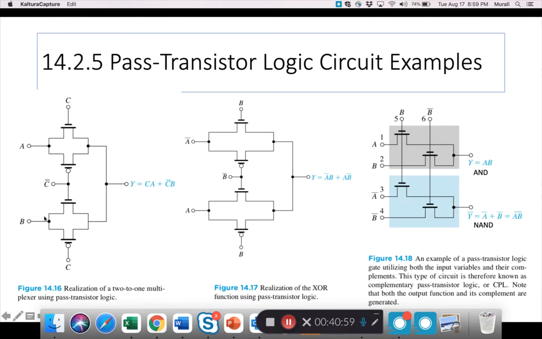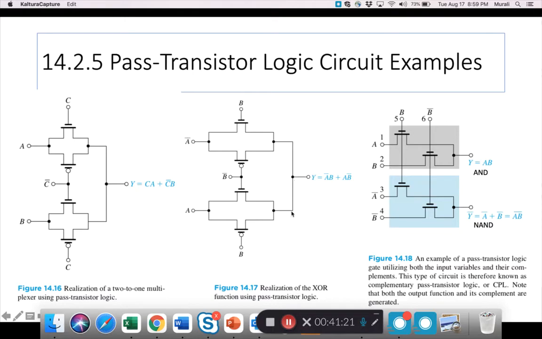There's two inputs and we want one to come out based on whatever C the enable says. So that's what is achieved here. It means Y is C into A plus C bar into B. So either A or B will be sent out based on C.